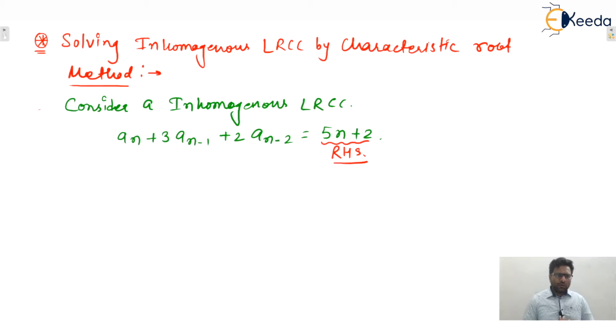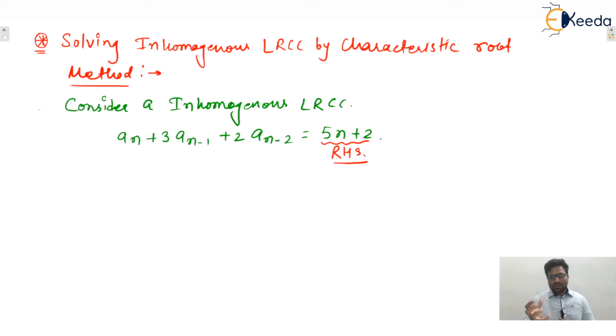So guys, there are various steps. First step is to put the right hand side equal to 0 and solve it like a homogeneous part. Whatever you did in homogeneous, in the same way, put the right hand side equal to 0, write the characteristic equation, find the roots and write the homogeneous solution. But remember, at this first step, don't solve the constants C1, C2 and so on.